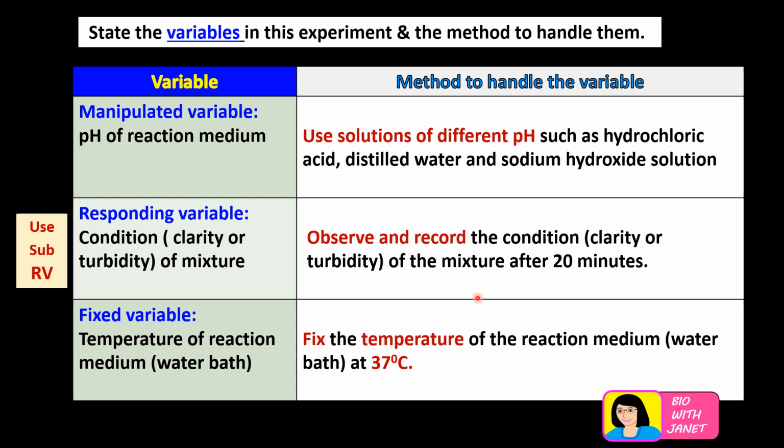Now, for responding variable, please remember to write observe and record or measure and record. Okay? And the RV, measure and record the RV by using an apparatus. State the apparatus if you use an apparatus. And then for fixed variable, the keywords are fix something at a particular value. Okay?